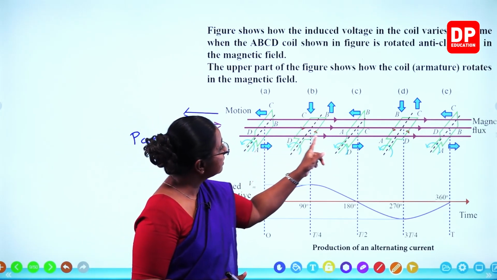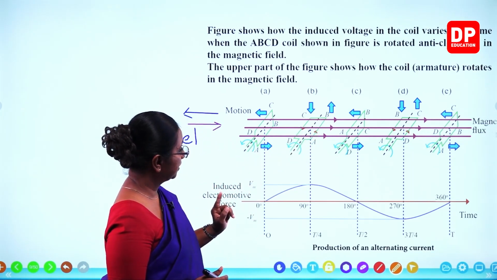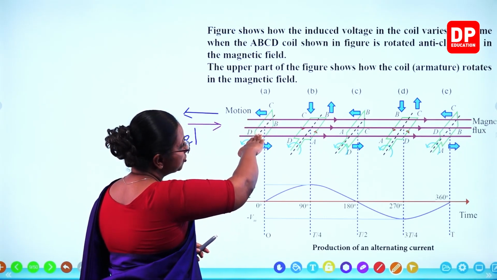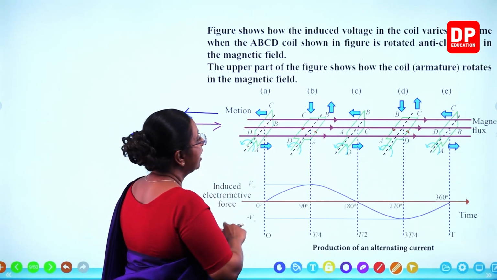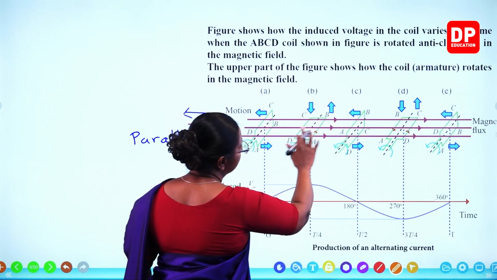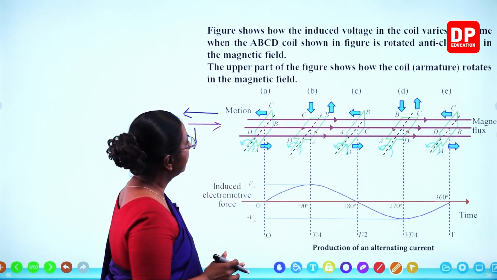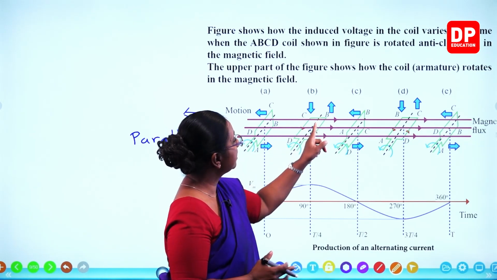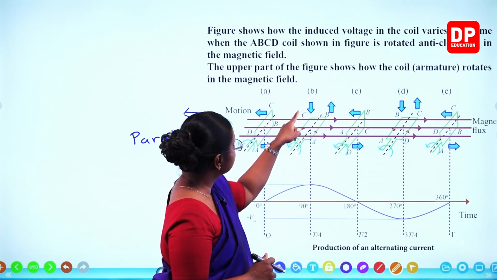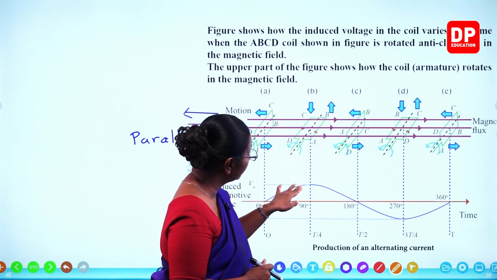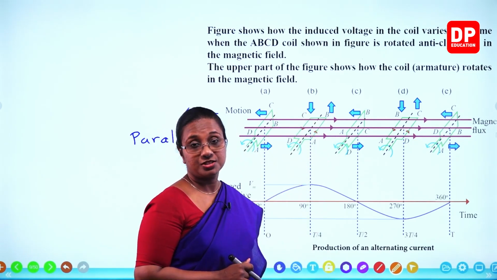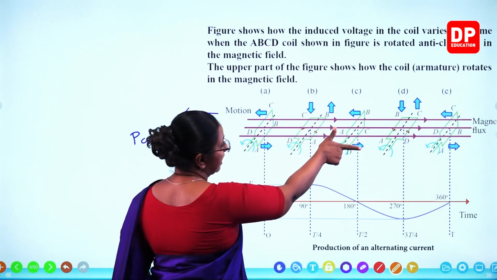But if you look at the next diagram, B. Now the armature was in this position. It has rotated to this position. Now still the magnetic fields are in the same direction. But you can see the motion. AB side is going to move up. The CD side is going to move downwards. Now what are the directions? Magnetic field lines this way.